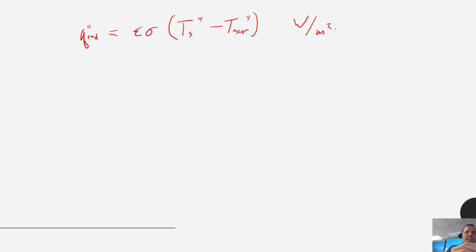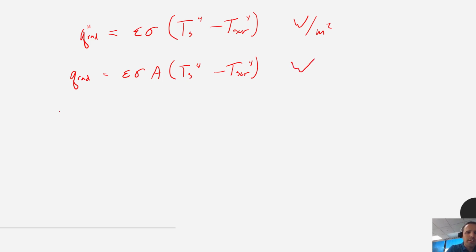In order to get that into the total heat rate form, we would just multiply this equation by the area. So our total rate of radiative heat exchange is going to be epsilon times sigma times the area times Ts to the fourth minus T surroundings to the fourth. And that would give us units of watts.